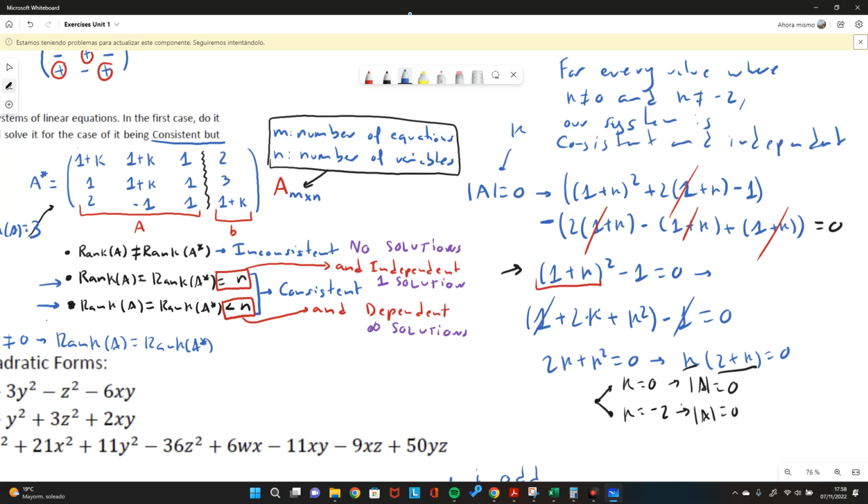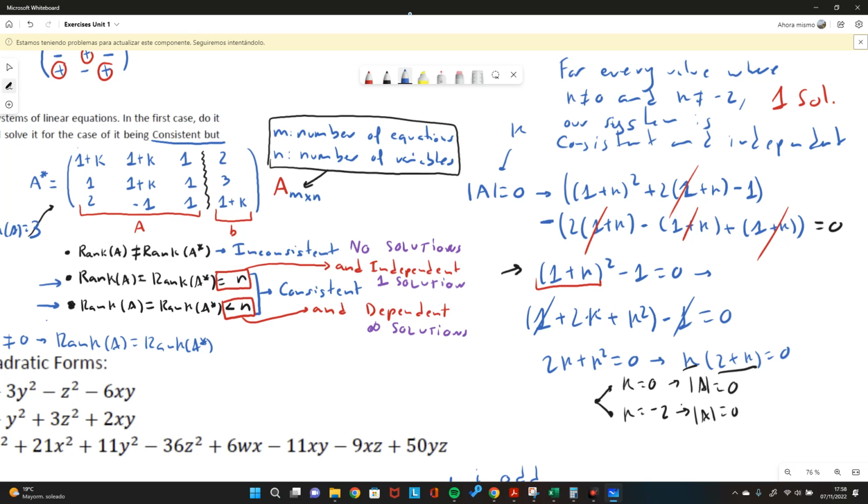So we know something, okay? It means one solution, just one solution for the system in any case where k is different from 0 and different also from minus 2. Okay, that's what it is.